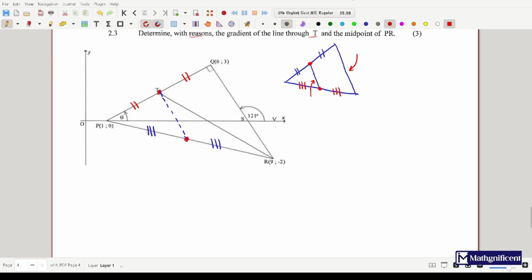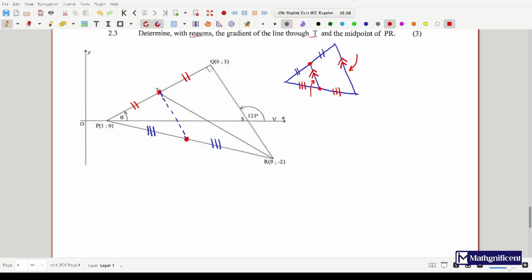So this side is parallel to this side, right? Why? Because of the midpoint theorem, which states that the line segment joining the midpoints of any two sides of a triangle is parallel to the third side, and is also equal to half of the length of the third side.